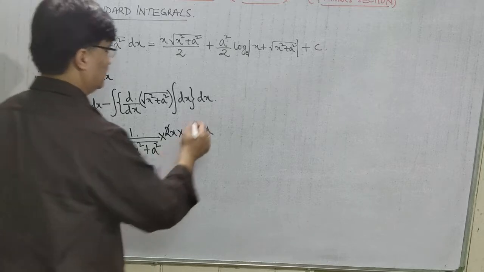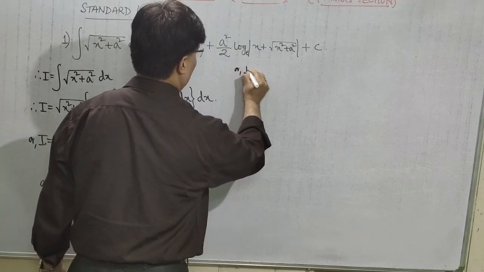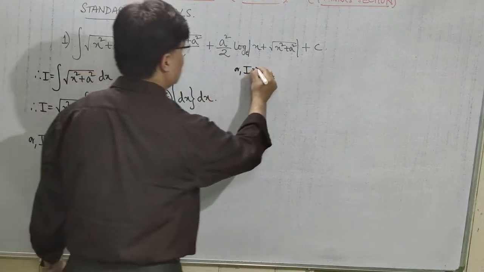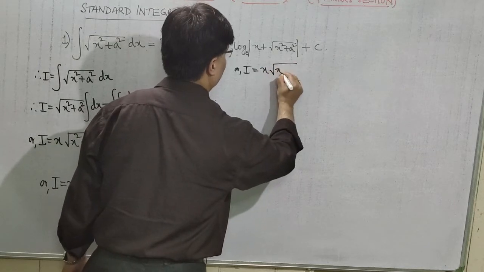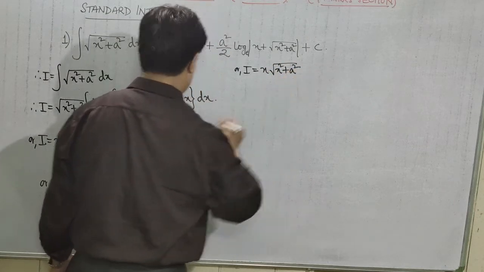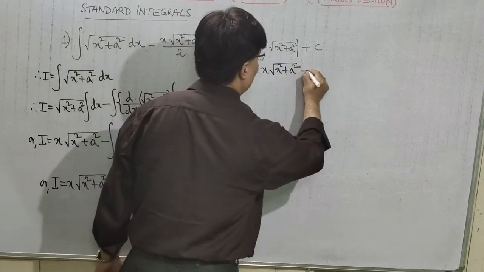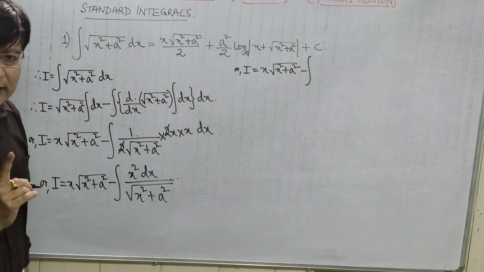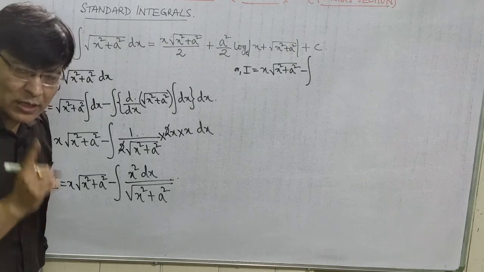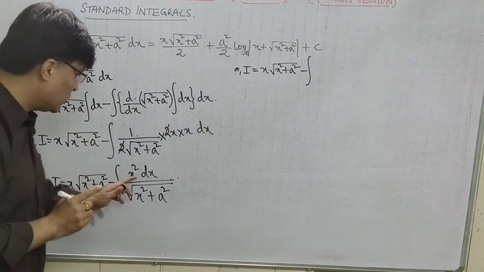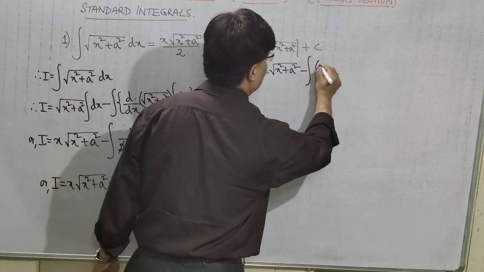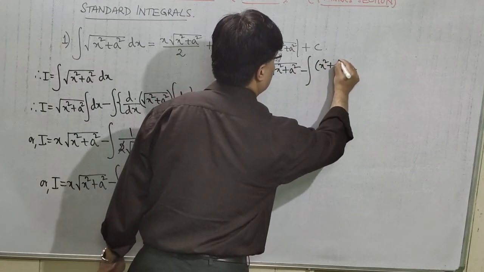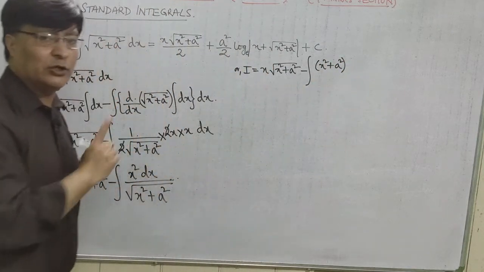So I is equal to x root over x square plus a square minus integral sign, you have to write x square plus a square in the numerator. X square plus a square is written in the numerator.